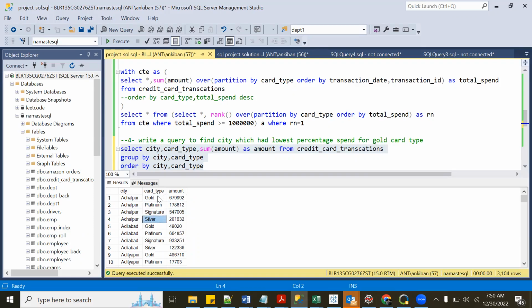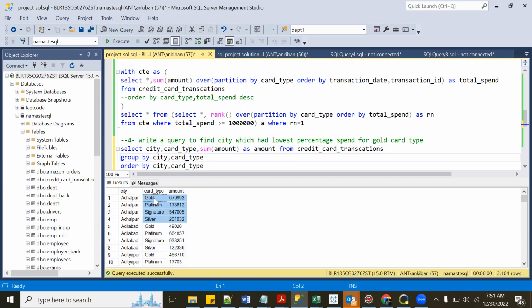So we need to find for the gold card type what is the percentage of total transactions. Similarly for this city, what is the percentage of gold card transaction out of total spend? And then we have to find the lowest percentage spend for gold card type. So we will find how much percentage of total spend is on gold and which city has the lowest.